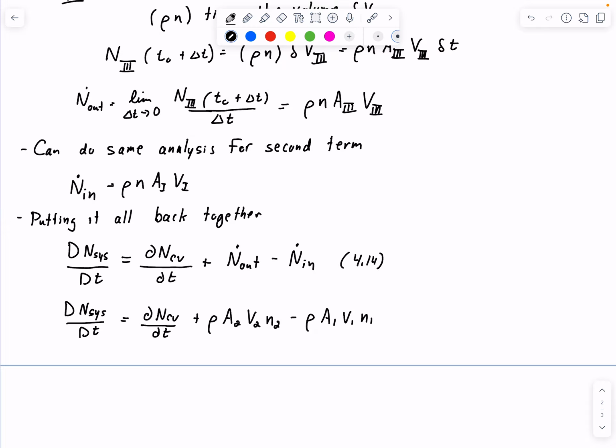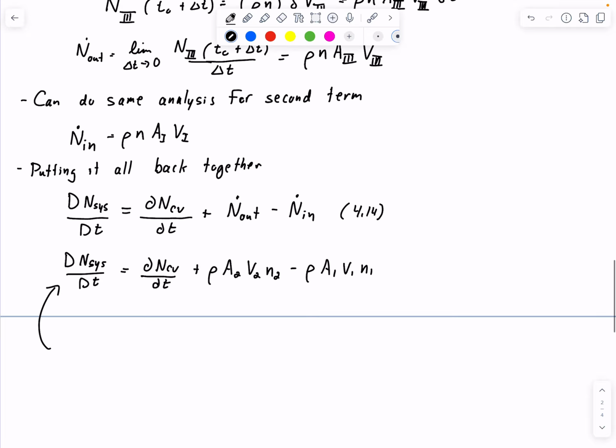And the way I've written it here, this is an expression for the Reynolds Transport Theorem for a fixed control volume, so a control volume that's not moving, and one that has only one inlet and one outlet.